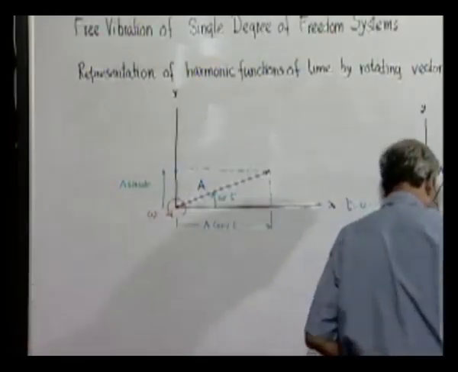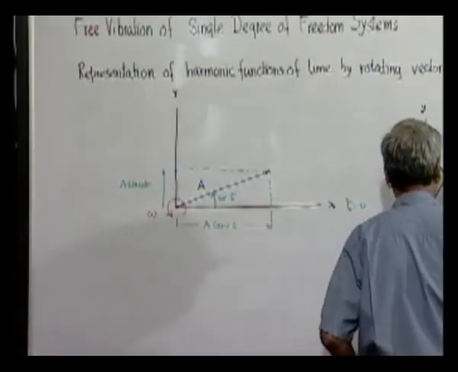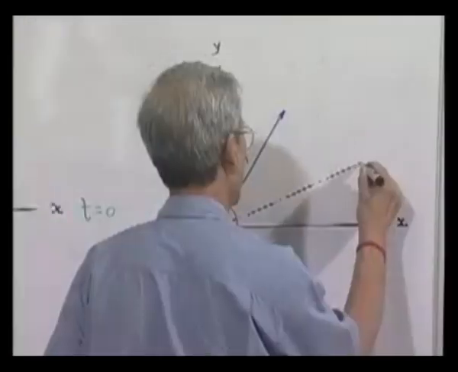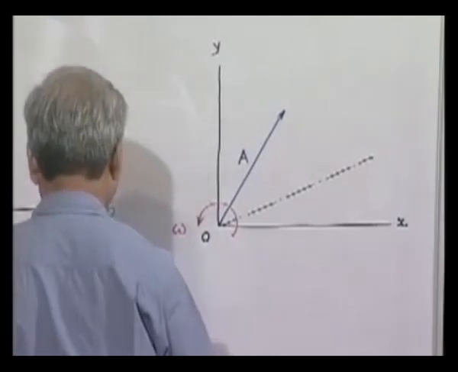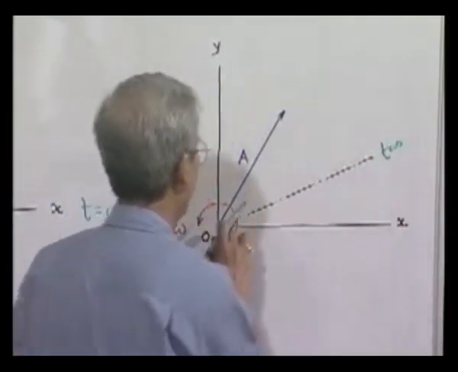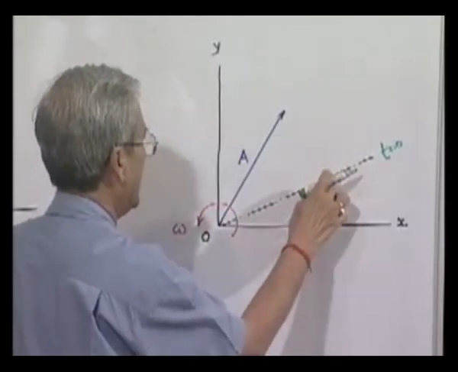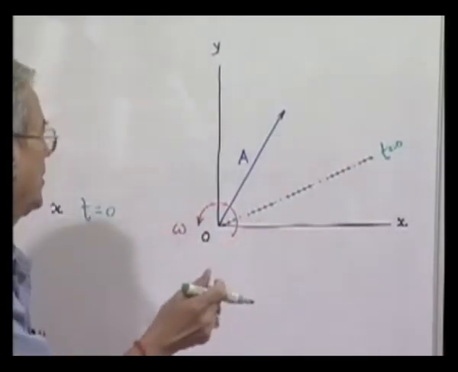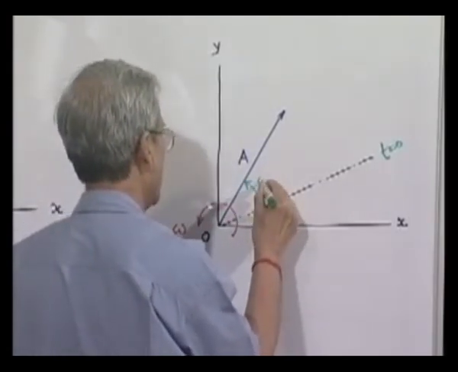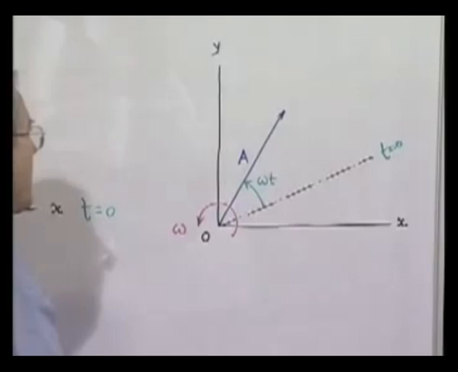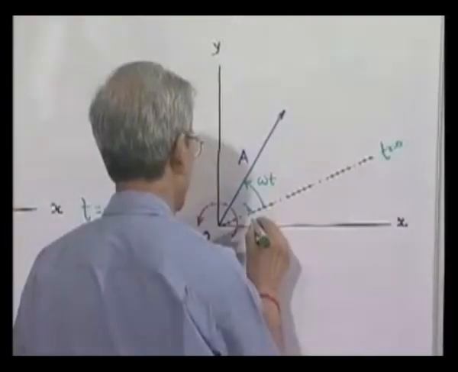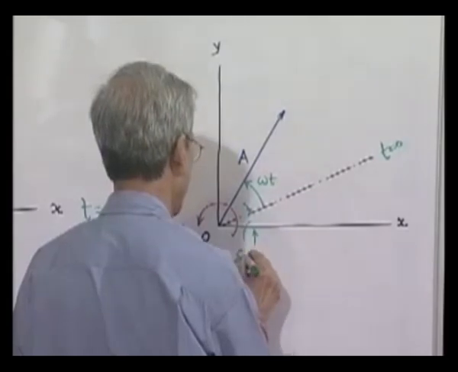And let us also pick up this position which corresponds to time t is equal to 0. That means when the vector A was here, then only we started our clock. So, therefore, the angle it has traversed will be, and let this angle be phi.